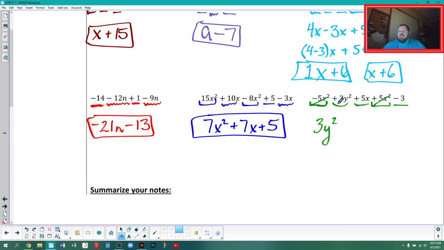My x term, I have 5 of those, and that's the only one I have. Yep, I've dealt with that. And my number term, I have -3. And I've dealt with that. Then I can go through and just verify, yep, I dealt with that, dealt with that. I dealt with all those, so I'm good to go. That's all that's left as my answer.